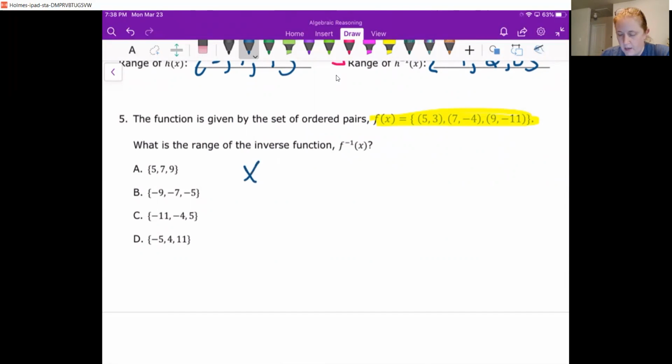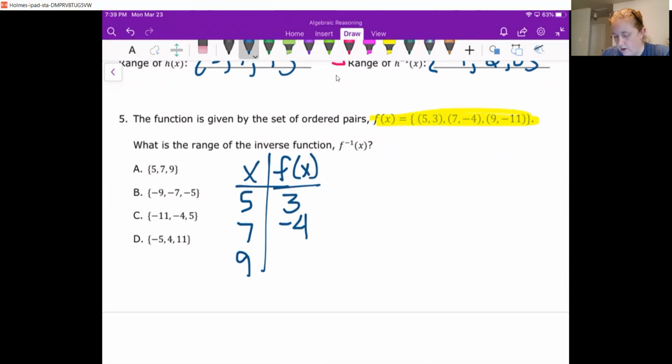All right, so I've got my x column for the original, which is my 5, 7, and 9. My original f of x, my original y's. So a 3, -4, and -11. Okay, to make the inverse, reverse them.